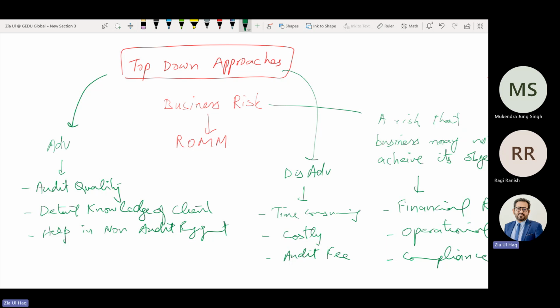Why does the client want to identify business risk? So that they can manage those risks and have an approach, some help on how they can resolve their business issues. Because the client management might not be that expert in identifying their business issues. An external person, especially from the audit firm, has a vast variety of knowledge and experience from working in different organizations. So they could identify even more risky areas for the business.